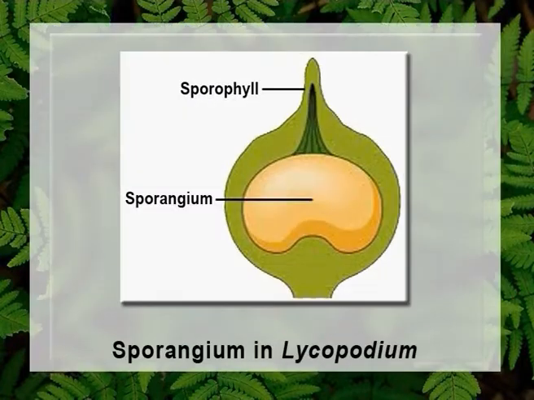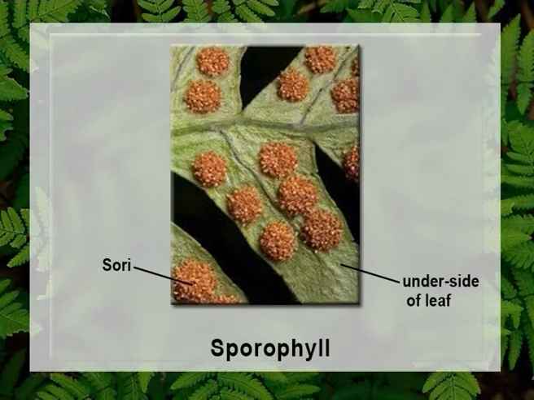Second, the asexual reproduction takes place by means of spores, which are produced inside the sporangia. The sporangia are borne on the lower surface or in the axils of fertile leaves, known as sporophylls. The sporangia are borne either singly or in groups. These groups we call sori.